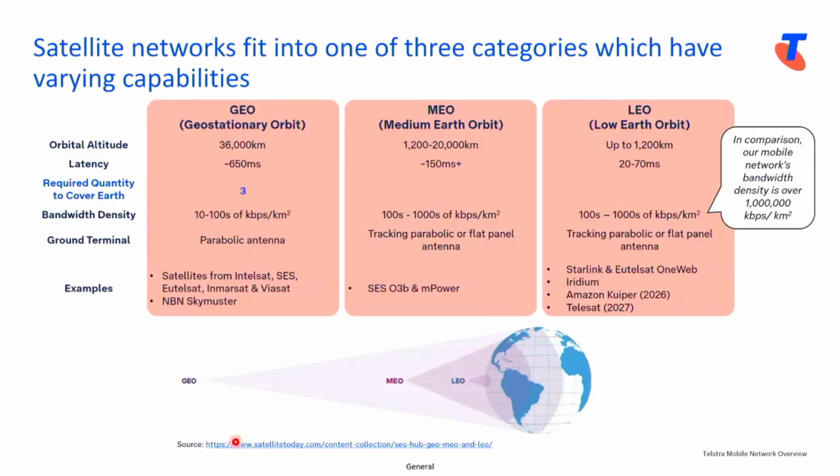It's about 3. One would cover about half the size of the Earth, and you need about 3 at about a 120 degrees angle to get the full surface covered. Then you get this continuity of geo coverage across the entire planet.